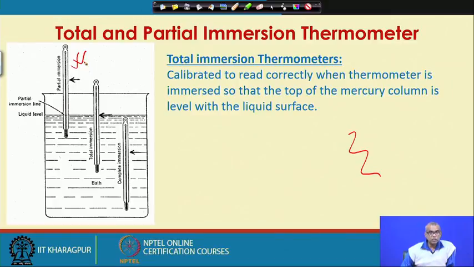So, you will have a partial immersion line indicated on the stem of the thermometer, and while measuring the temperature of the liquid, say taken in a bath, I must match the immersion line with the liquid level.